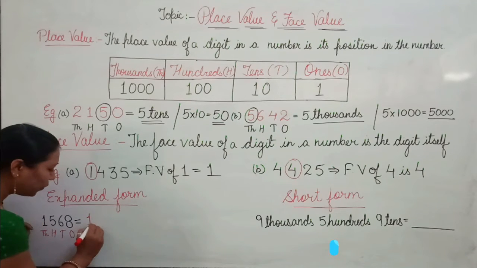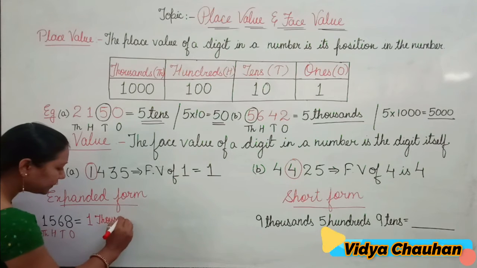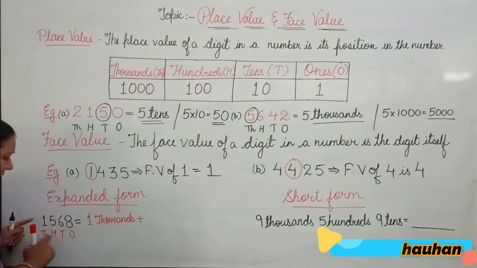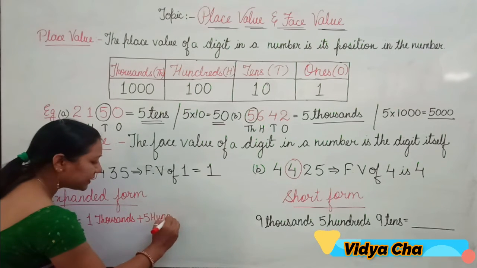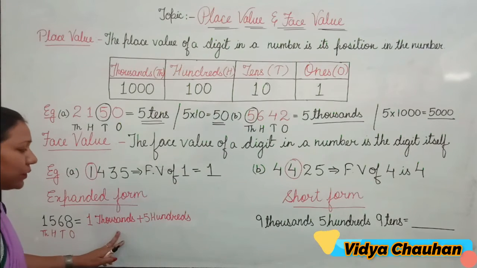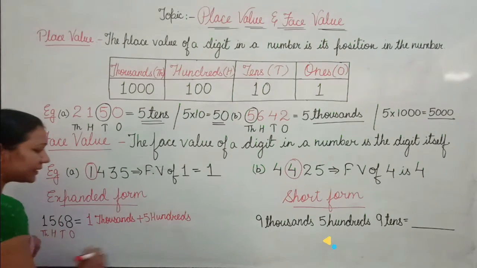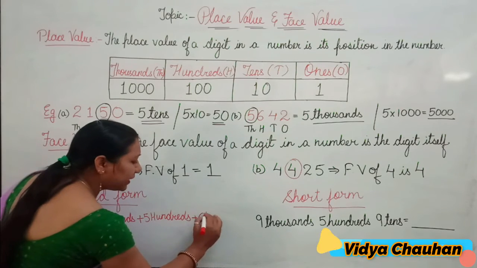So you will write 1 thousands plus 5 is at hundreds place, so 5 hundreds. Then 6 is at tens place, so 6 tens.